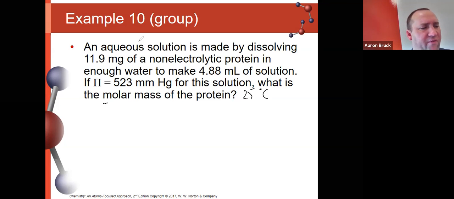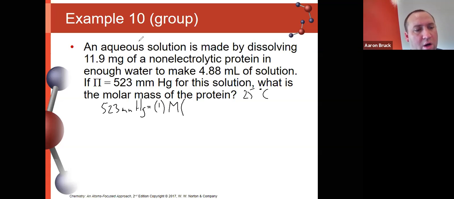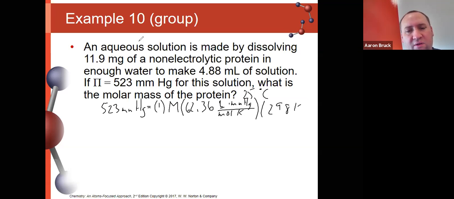So I've got 523 millimeters of mercury equals, again, this is non-electrolytic, so i is equal to 1. Molarity is unknown. R this time would be 62.36 liter millimeters of mercury per mole Kelvin, and we're still at 298 Kelvin here.